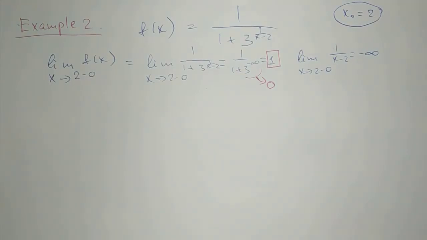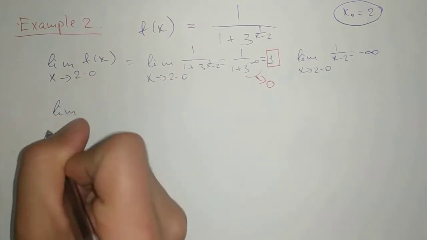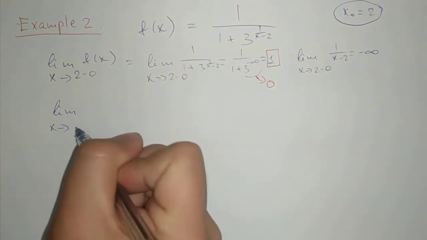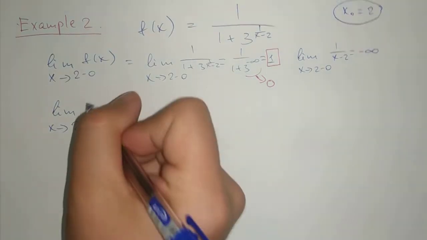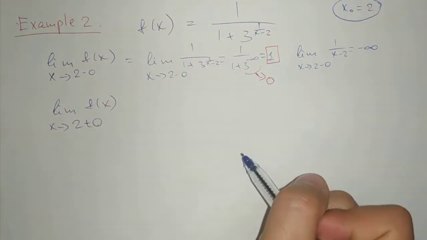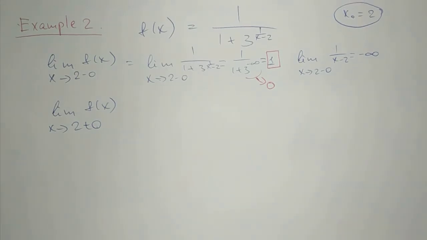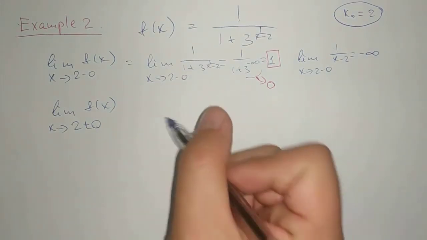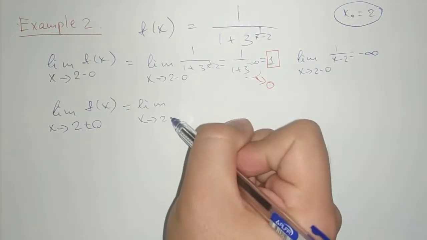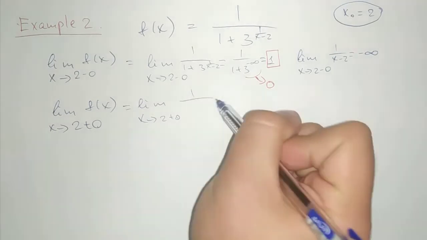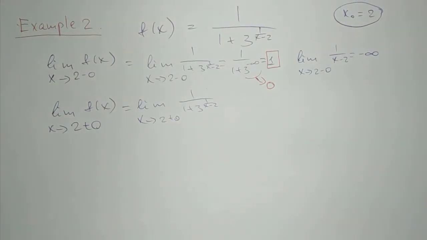And now let's consider the right side limit: the limit as x tends to 2 plus 0 of f(x). Again, let's rewrite the function, 3 to the power of 1 over (x minus 2).